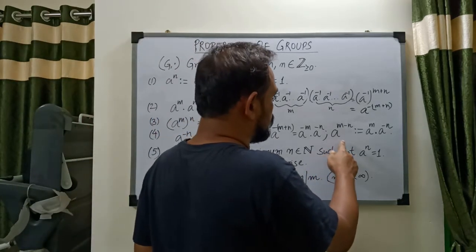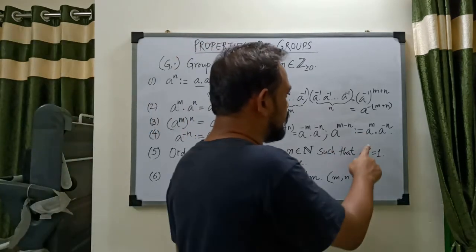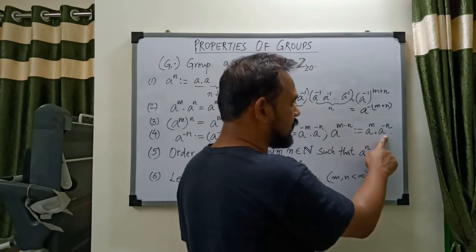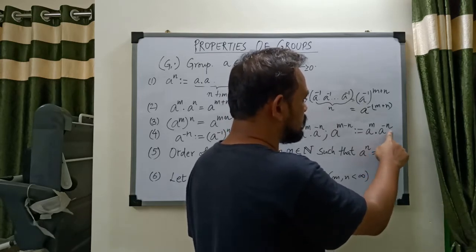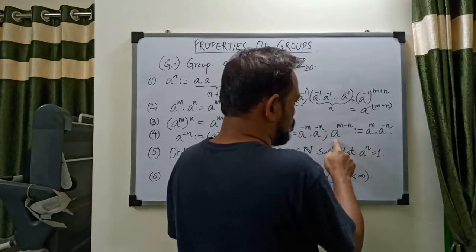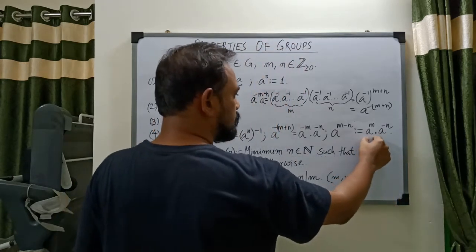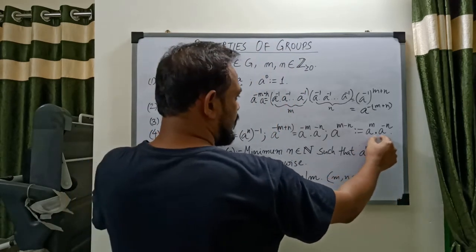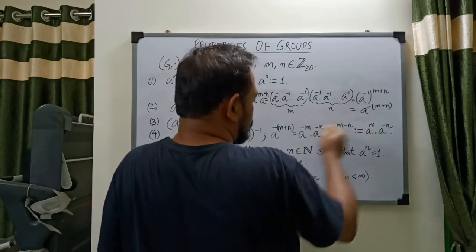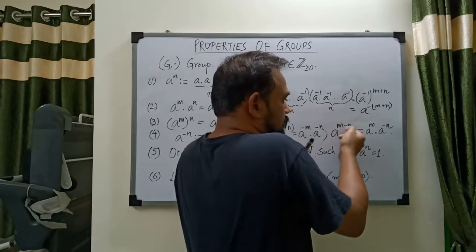We can also define something new here. I mean, you can define what would be A to the m minus n. Now this gets a valid definition, A to the minus n, and you have A to the m, because A to the m we already know what it is, and now we know A to the minus n, and so we can define, just as we defined before, the addition of the indices in this manner.